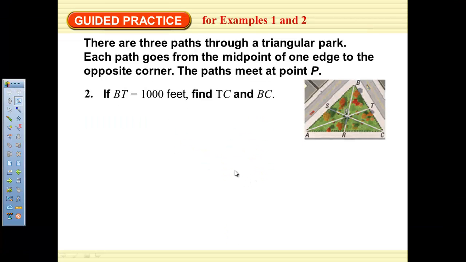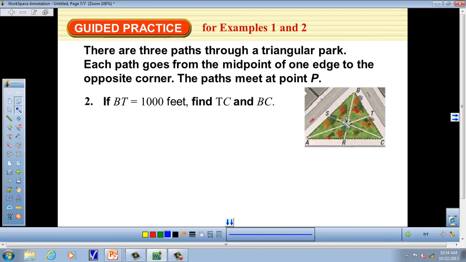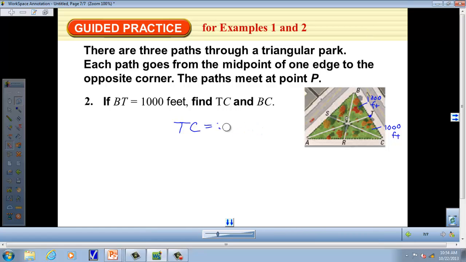Okay, and we have BT equal to 1,000. Remember, since this is a median right here, this is the midpoint, and these two lengths are equal. So if BT is equal to 1,000 feet, that means TC is also 1,000 feet. Whoops, I'm sorry.